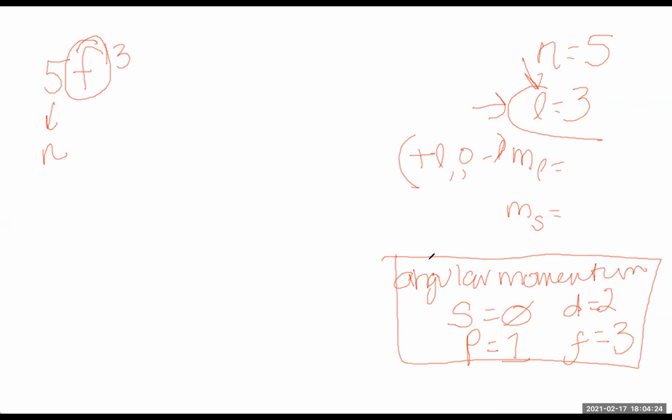Oh, yes, Mauricio, you're correct. It'll be from -3 to 3. So it's going to be -3, -2, -1, 0, 1, 2, and 3. So then let's do that. We have -3, -2, -1, 0, 1, 2, 3.